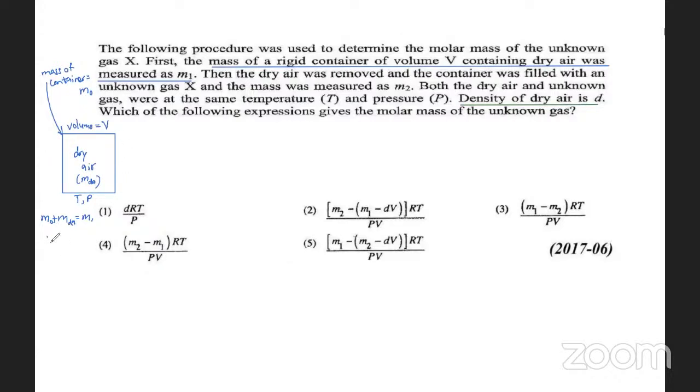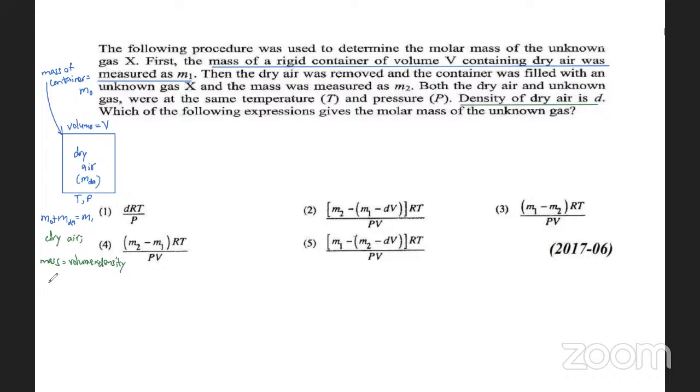So for dry air, you can apply the equation for density: mass equals volume times density. We are still analyzing the first system.